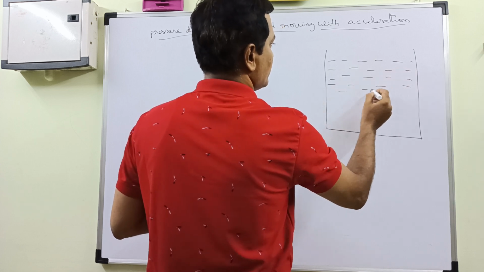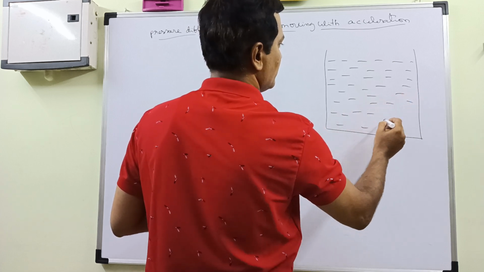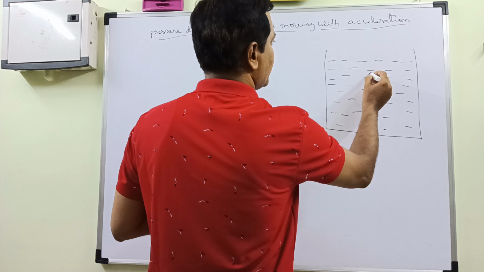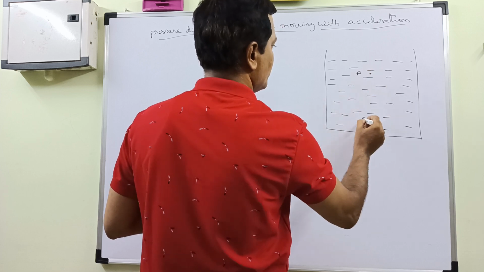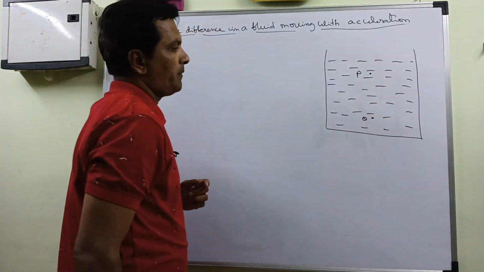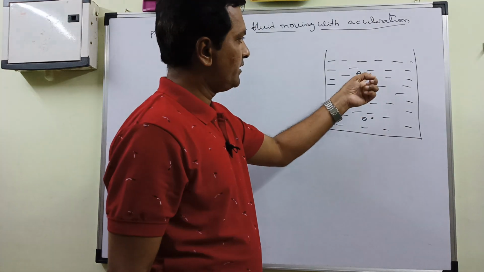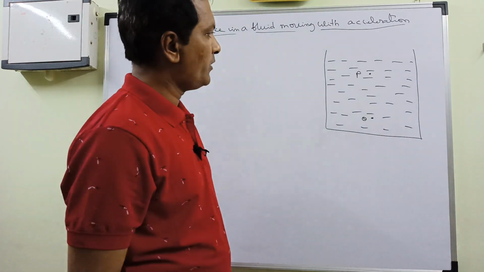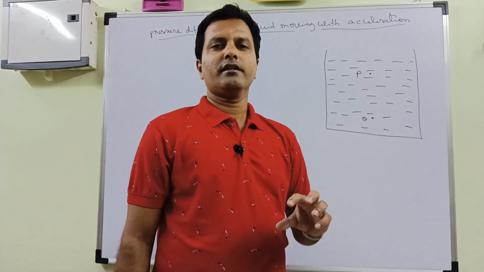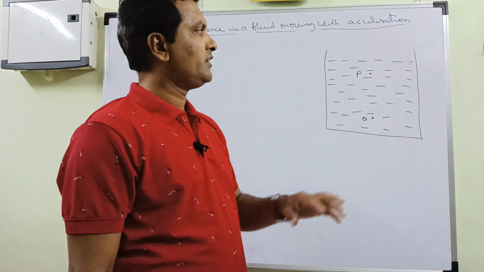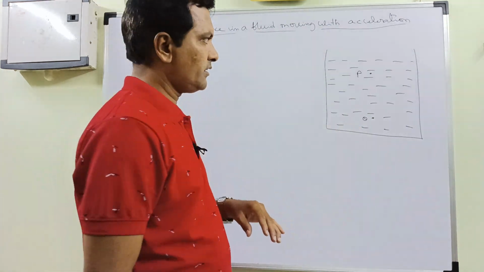In this fluid, there will be 2 imaginary points which we take as P and Q. We will calculate the pressure difference between the point P and the point Q when the fluid is moving vertically with some acceleration. In the first case, vertically upwards; in the second case, vertically downwards.